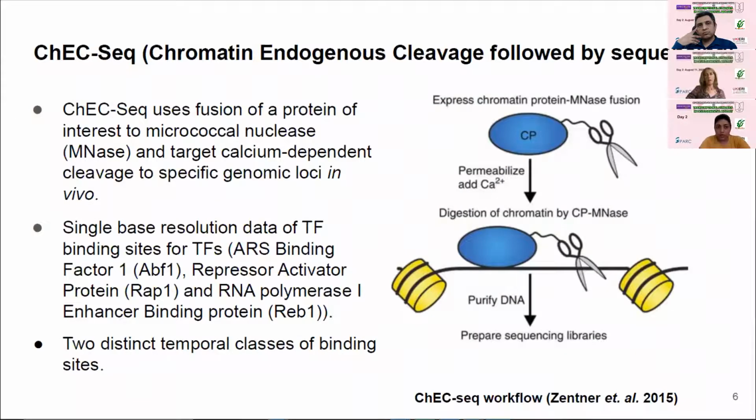So this is one more technique that I will talk about. It is chromatin endogenous cleavage followed by sequencing. It is basically a combination of the MNase cut and run and the genome accessibility techniques.